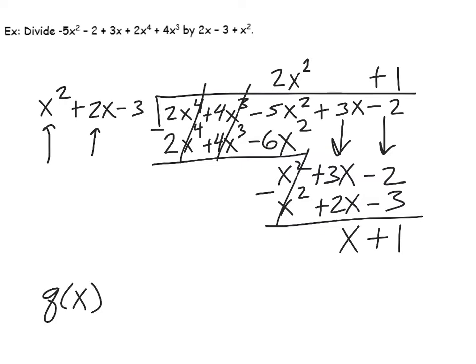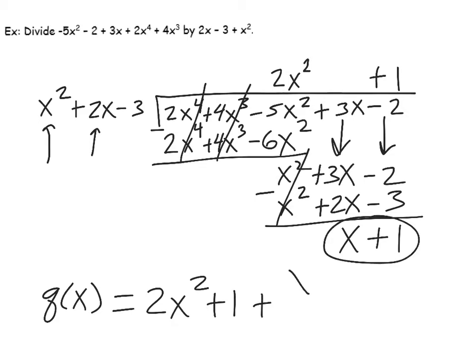Q of x, which is our quotient, was 2x squared plus 1 plus, here's our remainder, and that always goes over our divisor, x squared plus 2x minus 3, okay? So there's another one, all right, but that one does have a remainder, and that's how you handle that whole remainder situation.